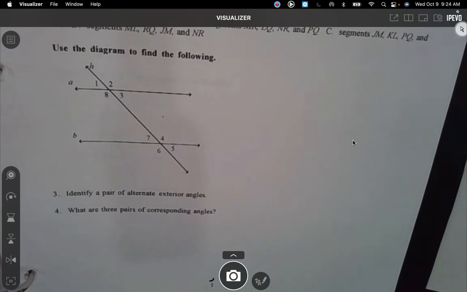Number 3 says, identify a pair of alternate exterior angles. What is a pair of alternate exterior angles? 3 and 7. No, that's not exterior. That's 1 and 5. Okay, so I would write on my paper, angle 1 and angle 5. What if it did say alternate interior angles? Because 3 and 7 would be.